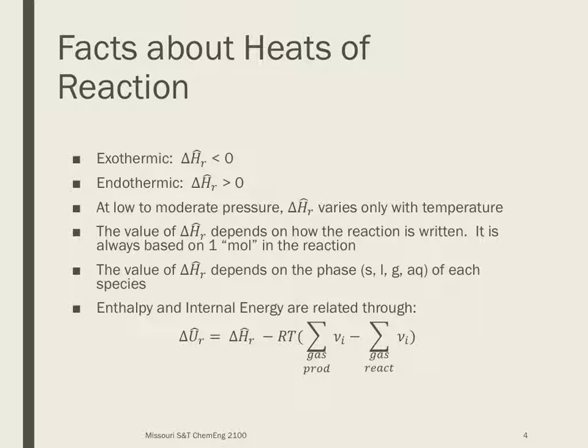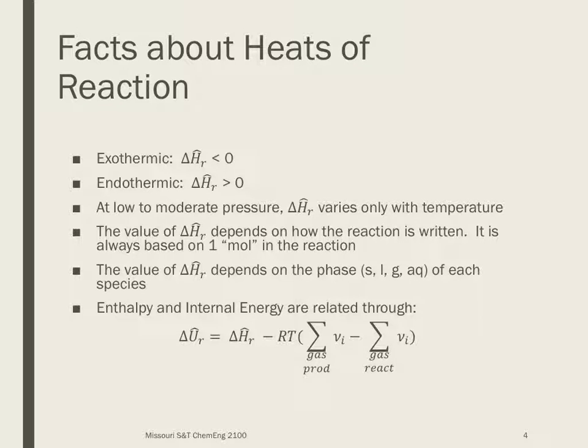And finally, I can relate enthalpy and internal energy change for reactions using this expression here. Only the gases make a difference in U and H. And so I'm going to subtract off the PV for each of my gaseous reactants and products.